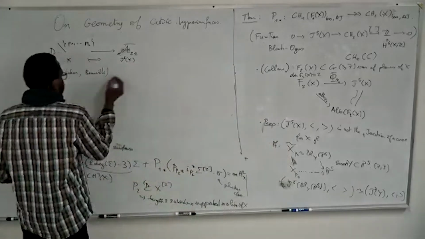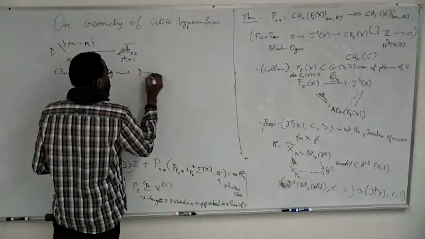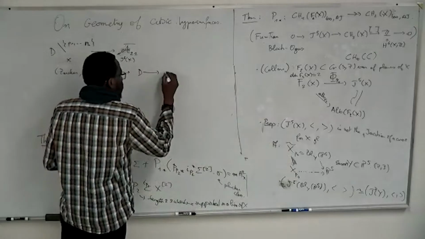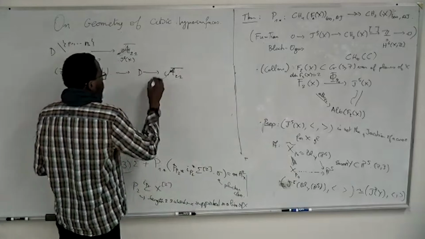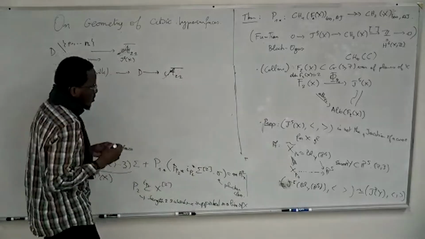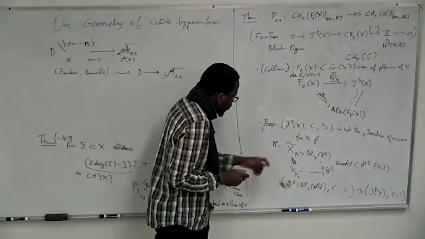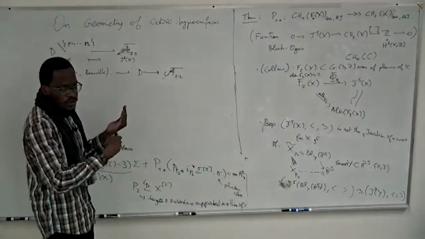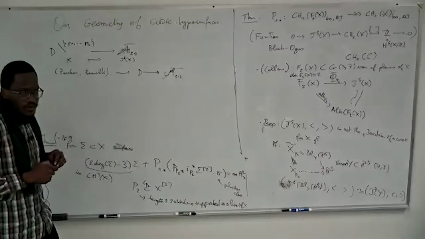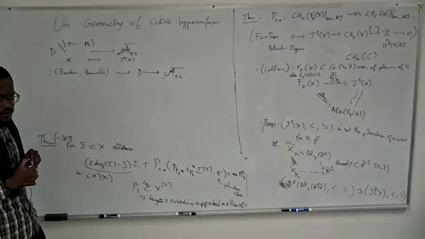So we have a map like this, and because those ones fall outside the locus of Jacobians, then the general one will not be contained in the locus of Jacobians.